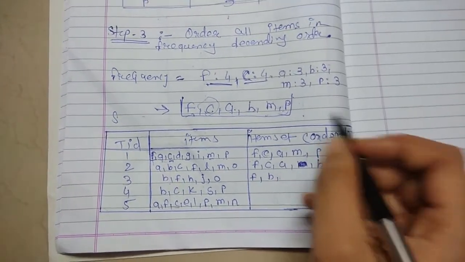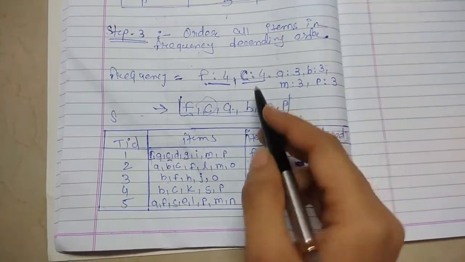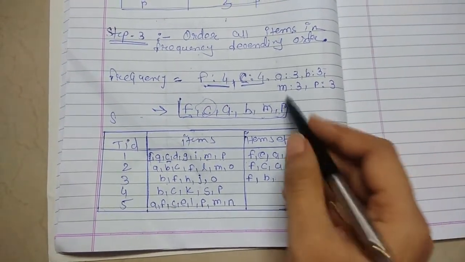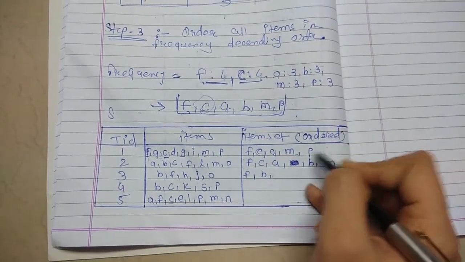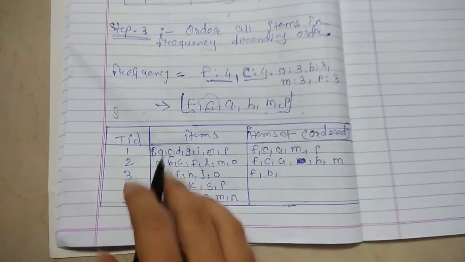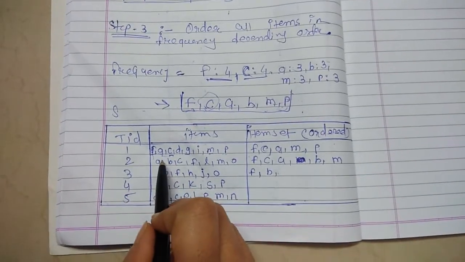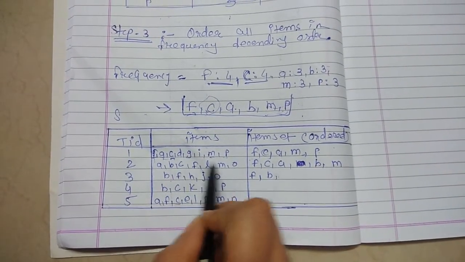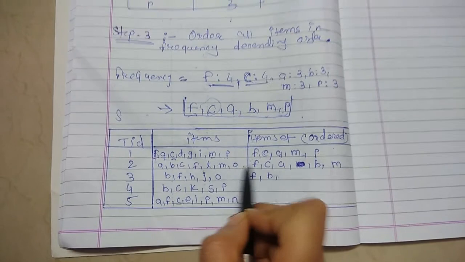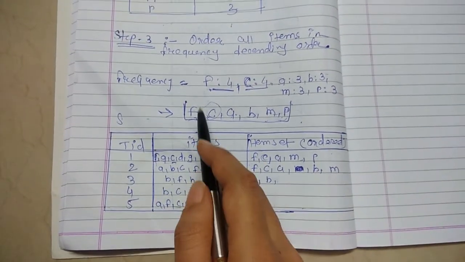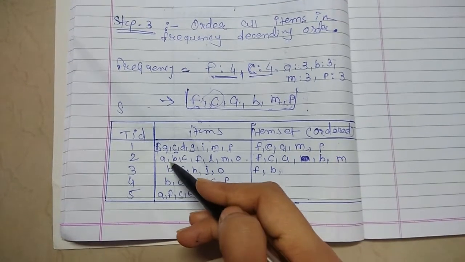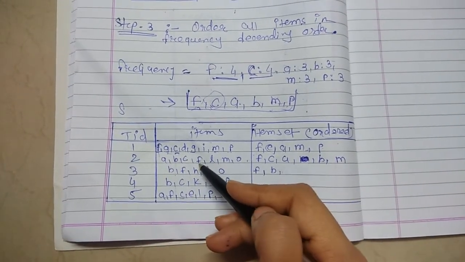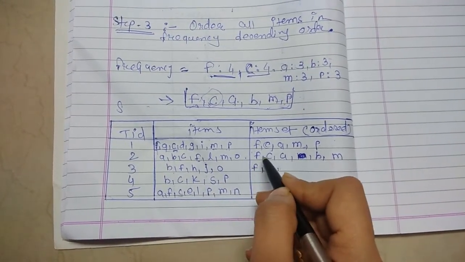We are only considering those items which belong to the frequency pattern. So this is the first frequent item set. The second transaction is A, B, C, F, L, M, O. Now we'll sort that transaction based on the frequency. So first is F. F is present in this transaction, so I'll write F here.